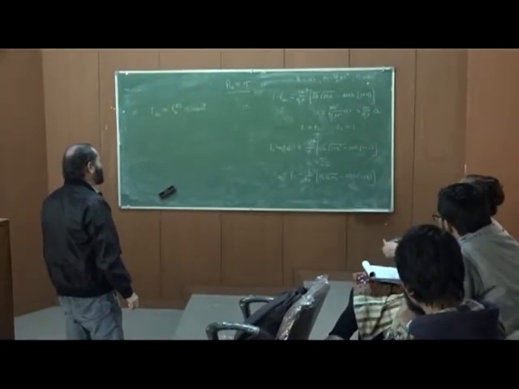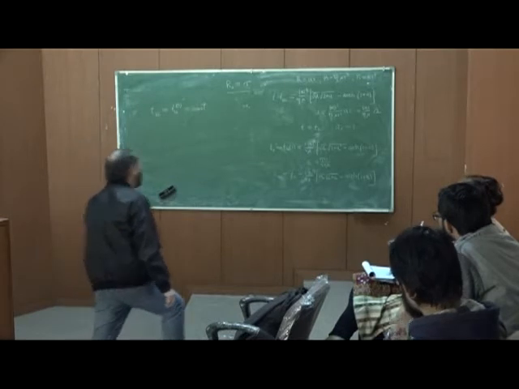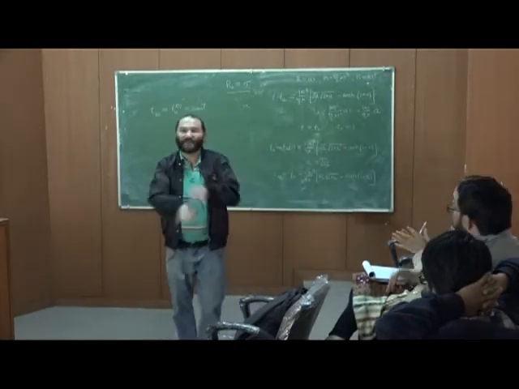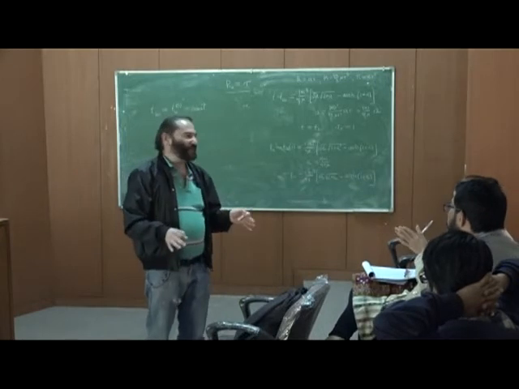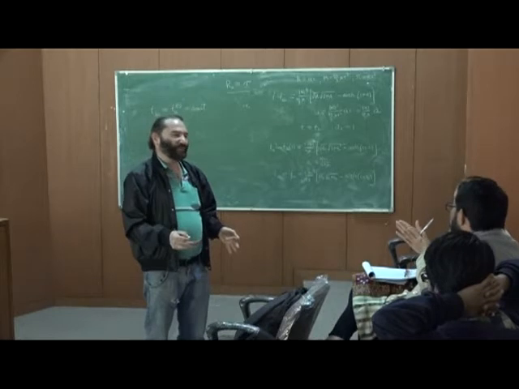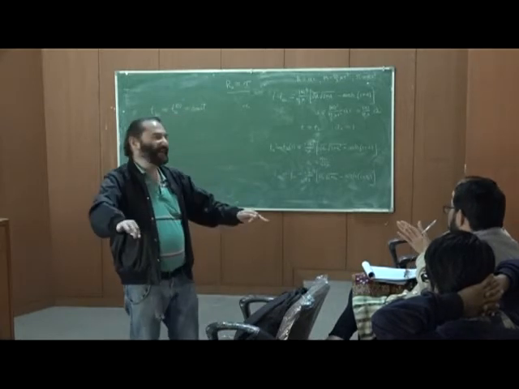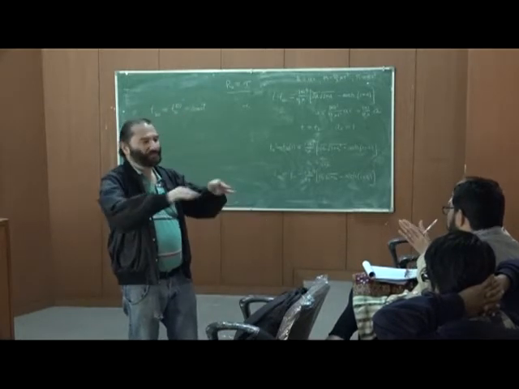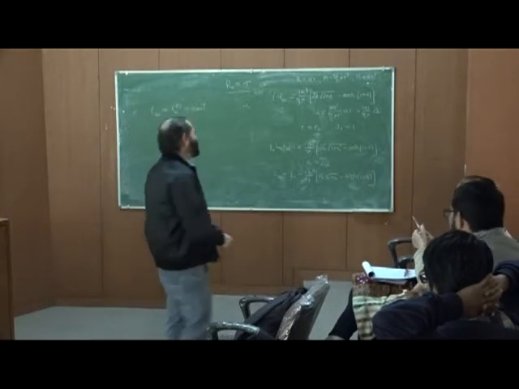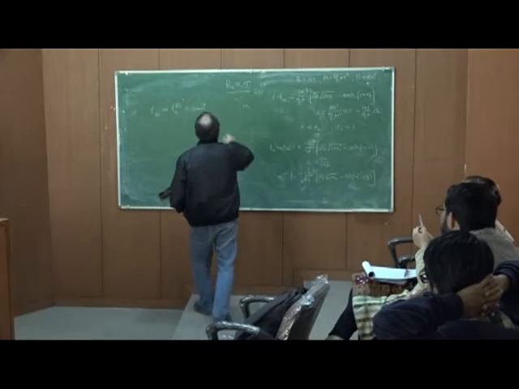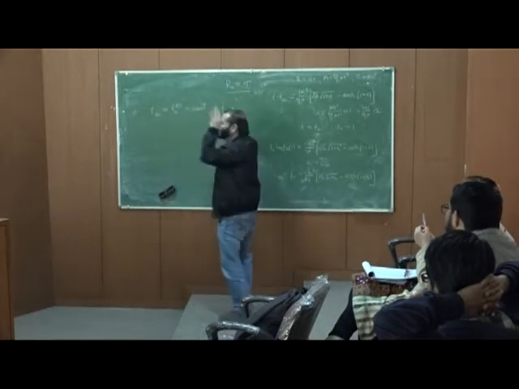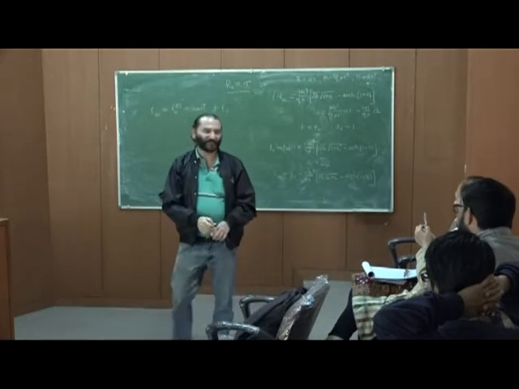The second term cannot be 0, because then the Big Bang time would be your initial slice. And in your initial slice, you cannot have a singularity. The initial slice has to be regular because you are putting your initial data there. So this has to be different from T0. It must be different from T0.